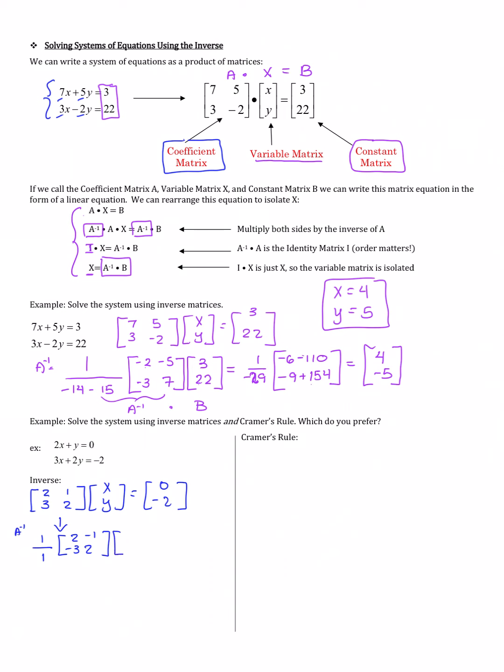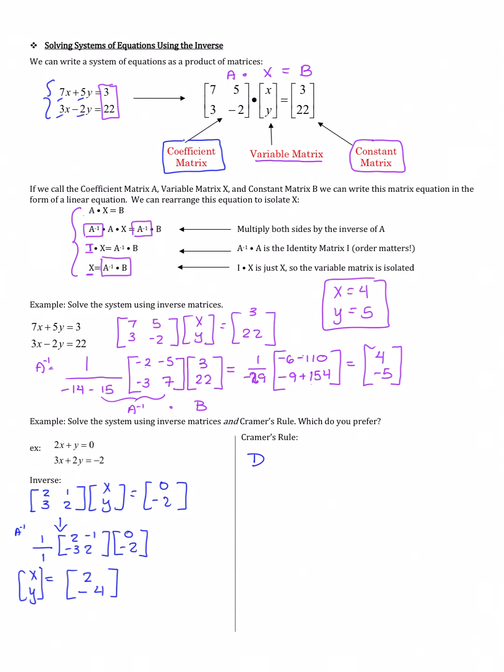That is going to get multiplied by the constant matrix. And the end result is going to be 0 plus 2, and then 0 minus 4. And that is going to equal our x, y. That was really easy.